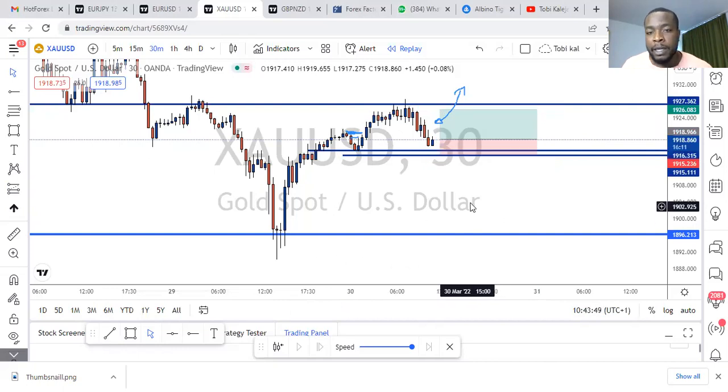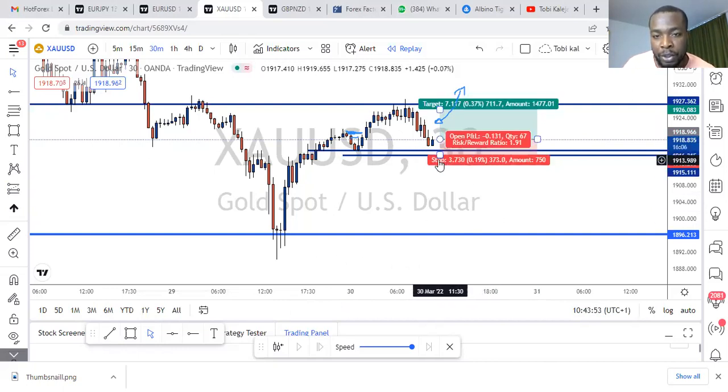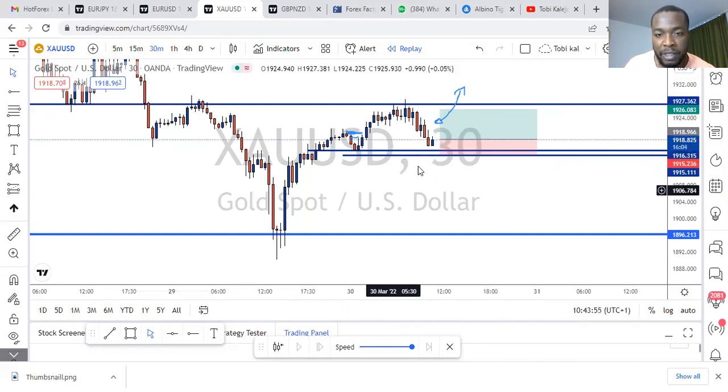So when the candle closes bullish and you're taking this trade, this is where your stop loss will be. Your stop loss will be exactly at the tip of this red line, which is here. That's one way to set it. At least give a few pips gap for breathing space.